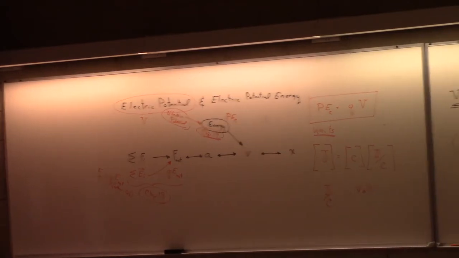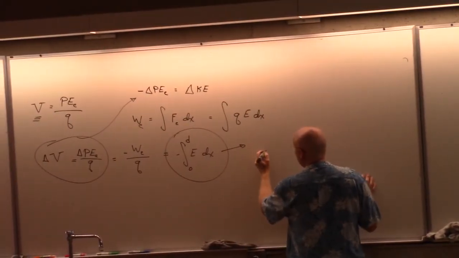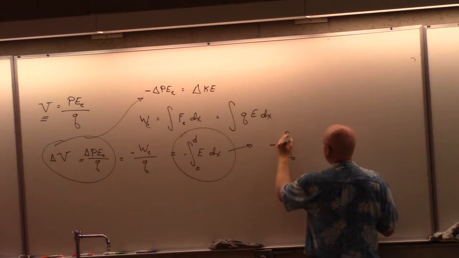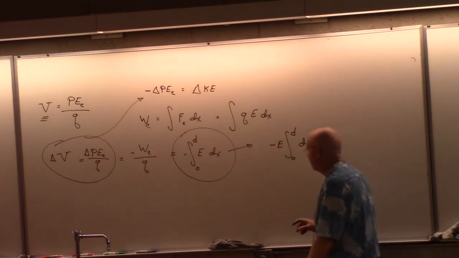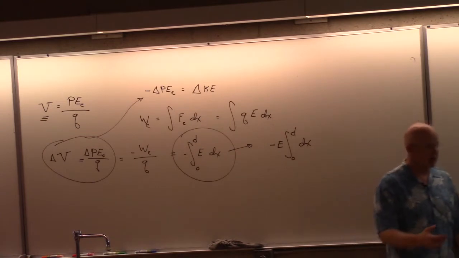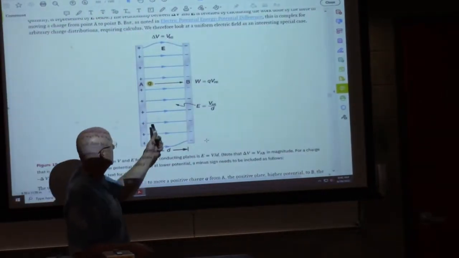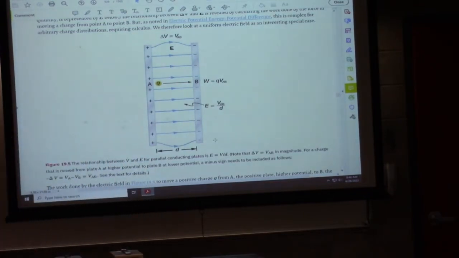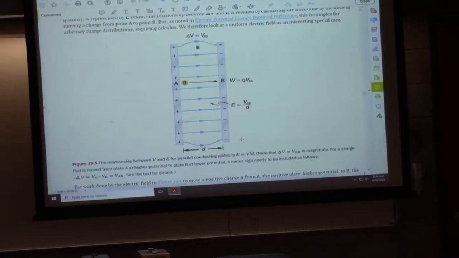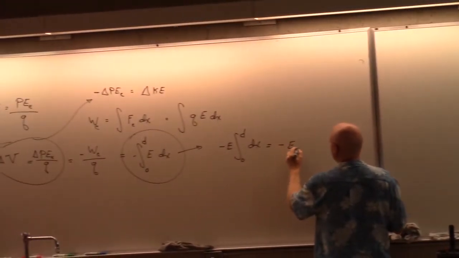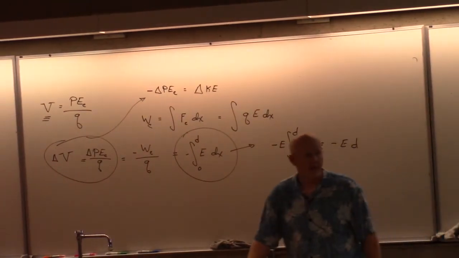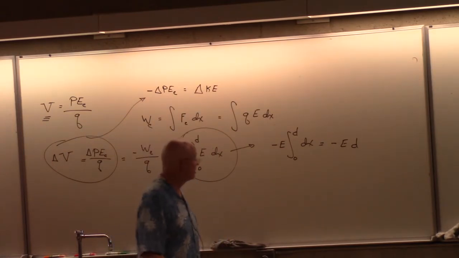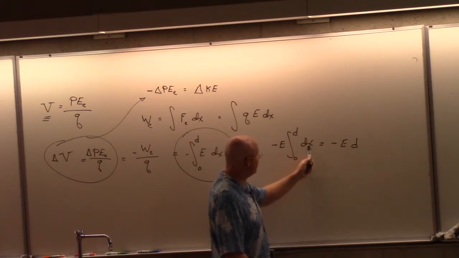So our end result here is that I would have something that looks like this. Minus E times the integral from 0 to D dx. And I pulled out the E because, again, the easiest case is, what can we say about the electric field between two parallel plates? It's a constant. And so I'm going to get just simply E times D. In fact, that was such a simple integral, maybe I should have left that one for you guys to do, right? It's just a very simple integral of dx is just x.